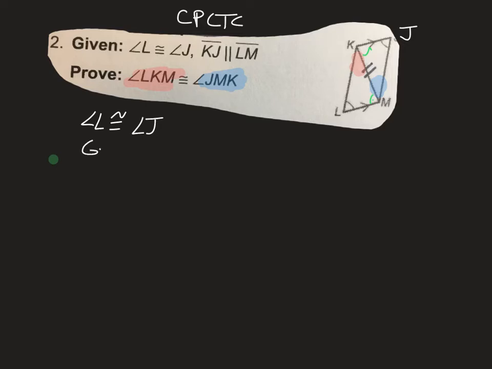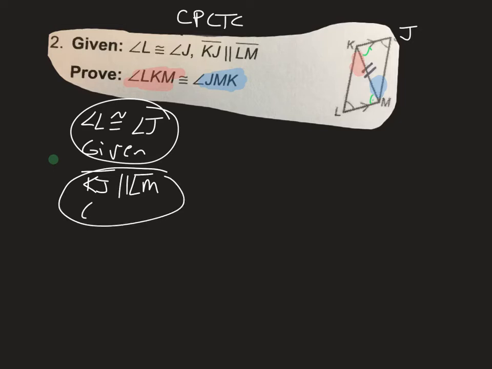They told us. That was given. What else do we know? We know that KJ is parallel to LM. Let's write that down. KJ is parallel to LM. That was given to us.